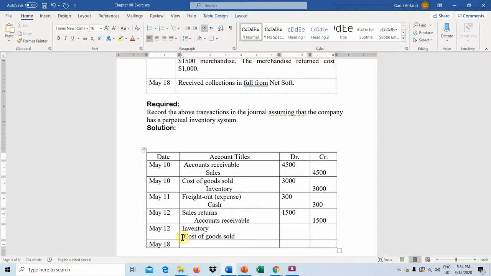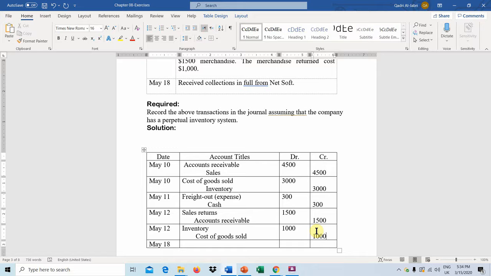So the cost of this inventory returned is 1,000 and cost of goods sold will decrease. So we simply reversed the journal entry because now they returned inventory, so inventory increased, so the cost of the goods that we sold before decreased again. So we are crediting cost of goods sold.